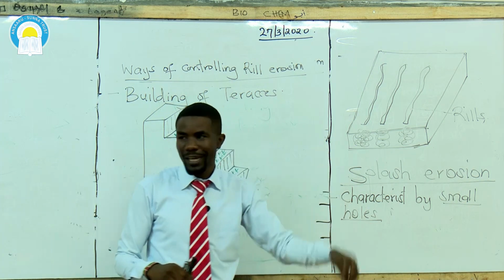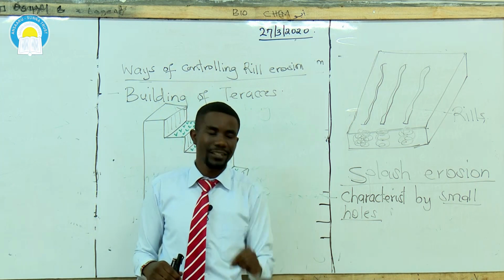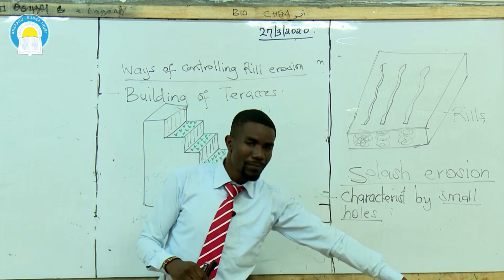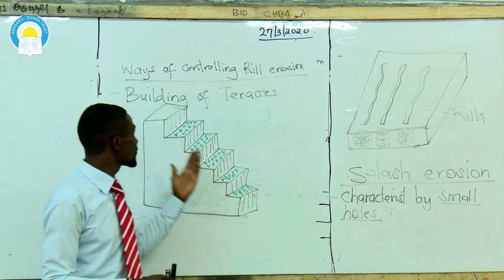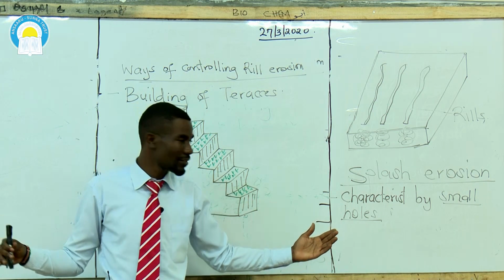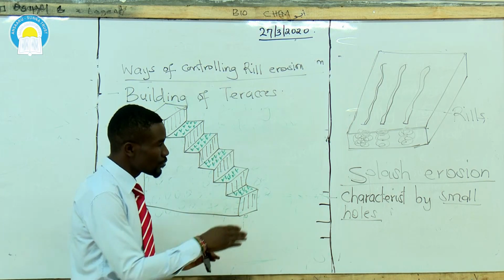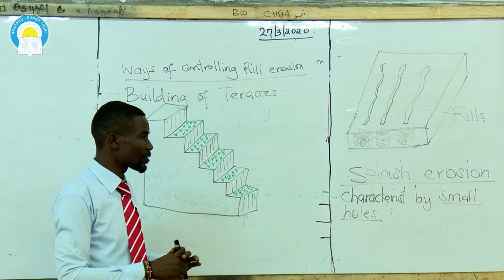Water that was splashing has managed to dislocate some soil particles from one point to another. That is what we say soil erosion, from one place to another. We are not considering the distance.